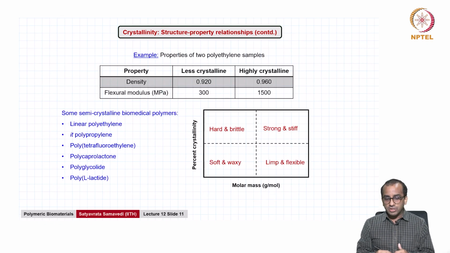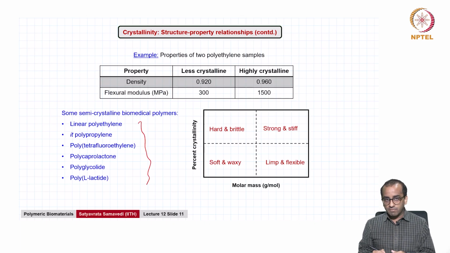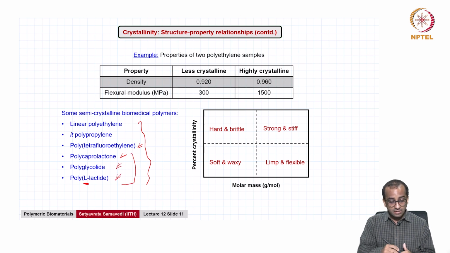And in conclusion, we will simply pause to list some examples of semicrystalline biomedical polymers that we have looked at so far. Linear polyethylene, isotactic polypropylene used in hernia meshes, PTFE, which we have seen multiple times, polycaprolactone, polyglycolide and poly-L-lactide, and notice that we are using L-lactide here.